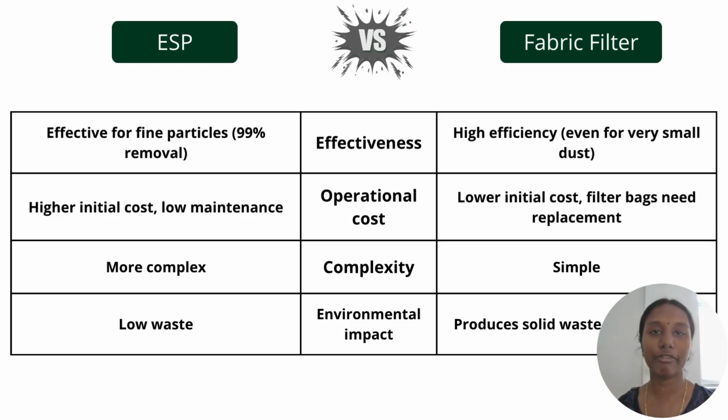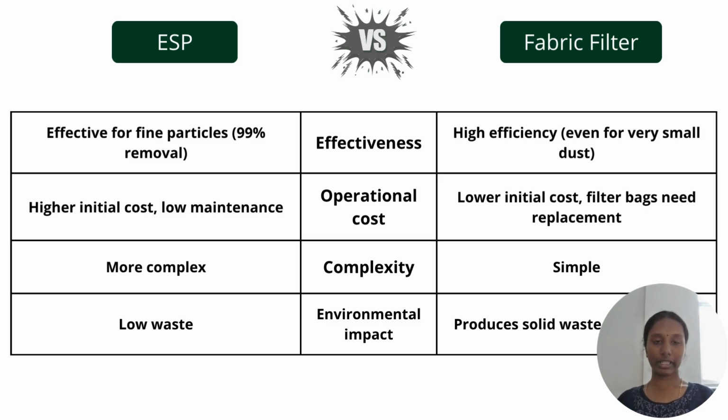Both ESP and fabric filter are used to remove dust and fine particles from the flue gas of steam power plants. However, they differ in aspects of efficiency, operational cost, complexity, and last but not least, environmental impact. Let's look at these aspects one by one. First, effectiveness.